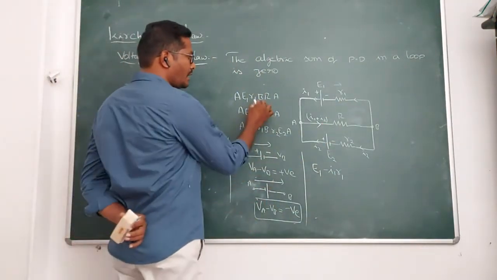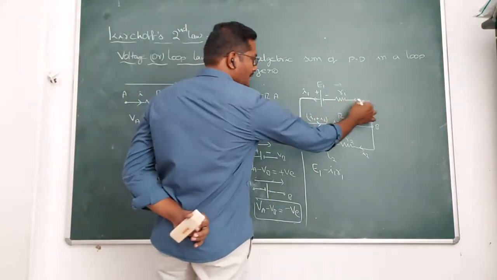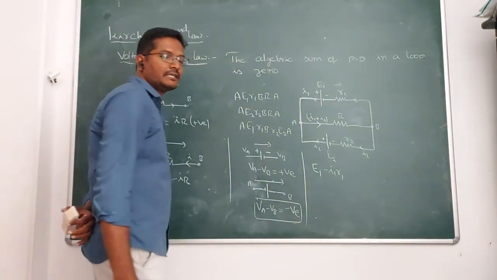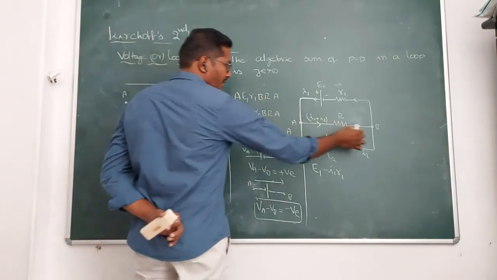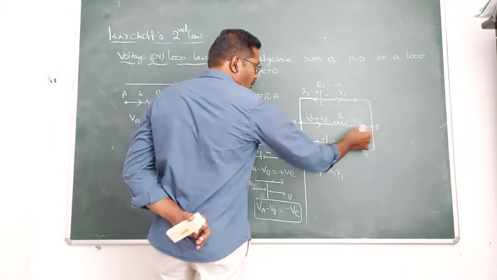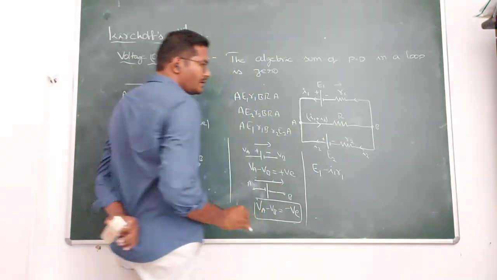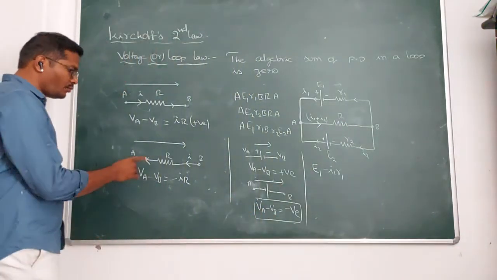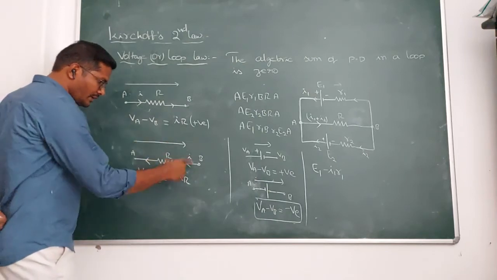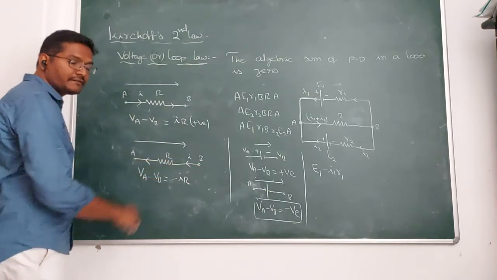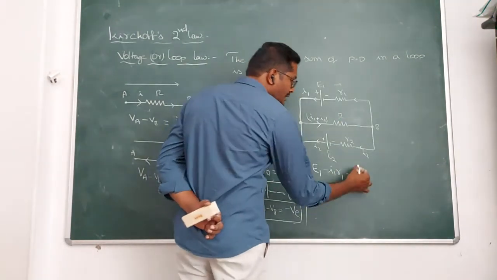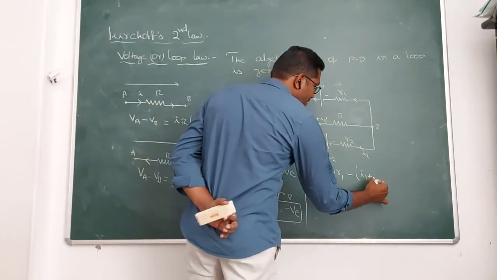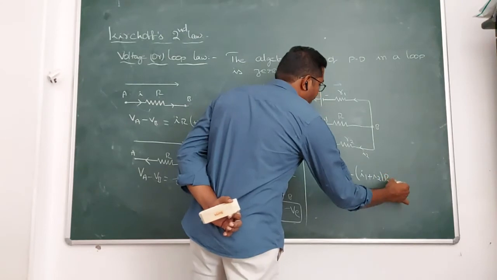Next, you are moving from R1 to B, there is no equipment there, so there is no potential difference. Again, you are moving from B to R, opposite to the current, so the potential difference is negative, which is minus I1 plus I2 into R.